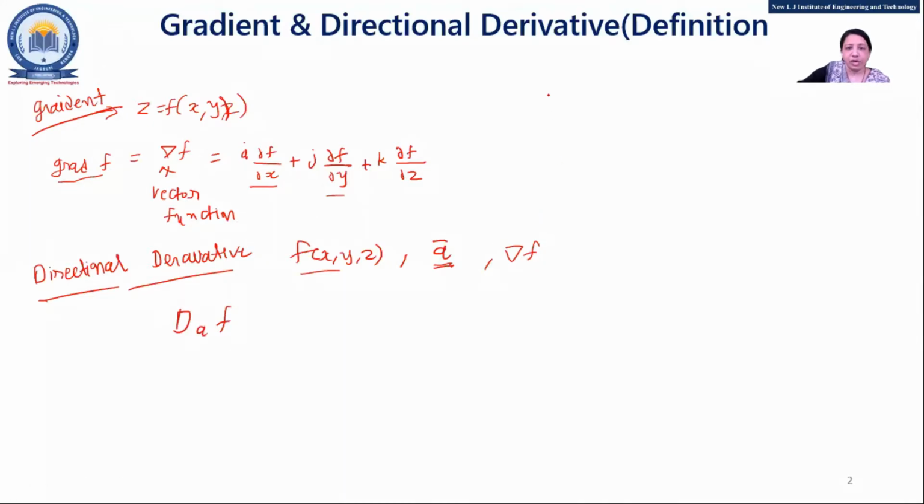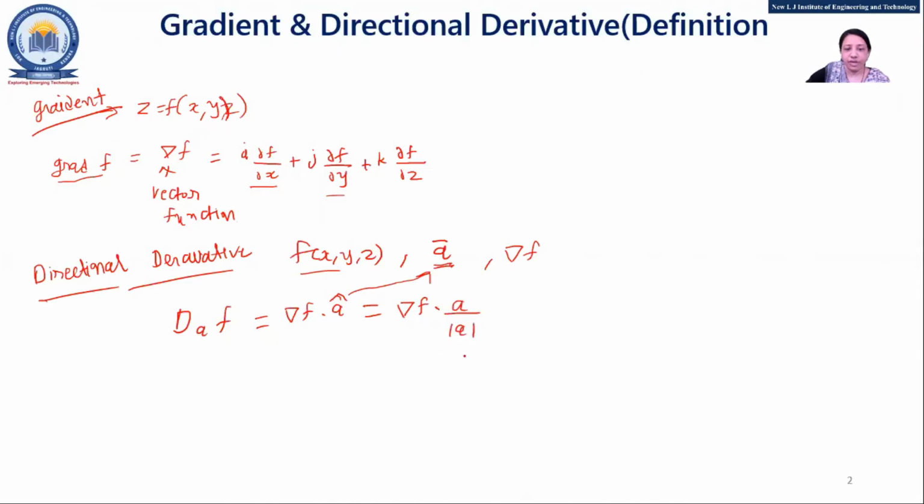What is the meaning of this? It is the directional derivative of function f of x, y, z in direction a, equal to grad f dot a cap. You must find grad f, and a cap is the unit vector in the direction of a bar. So the equation to remember is grad f dot a cap, where a cap is a upon mod a.